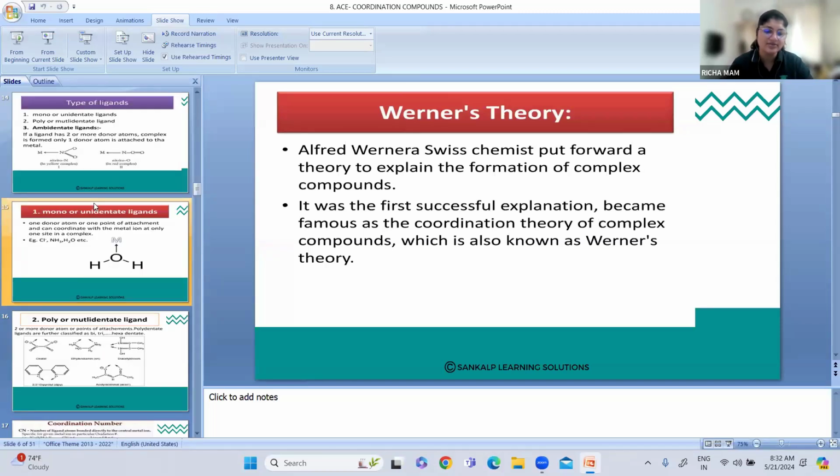Next is VBT, valence bond theory. Then we are going to discuss crystal field theory. So three theories are there, and we are going to see the applications and limitations. This will go a little deeper, so we will be discussing it from tomorrow.